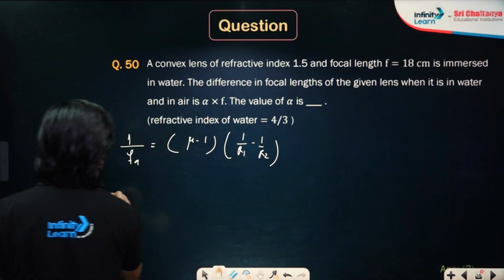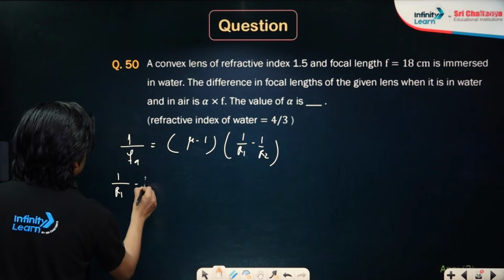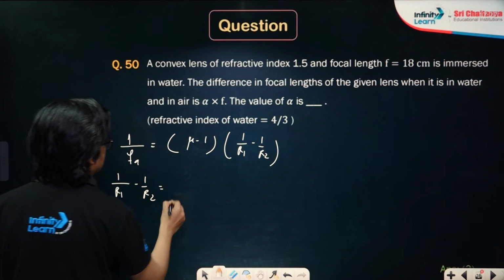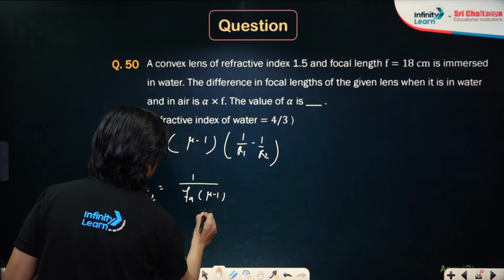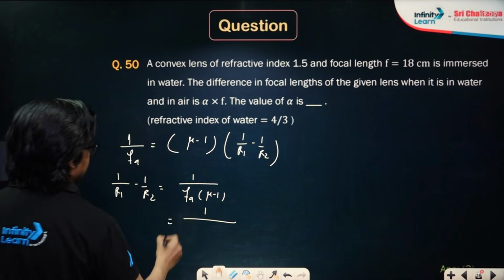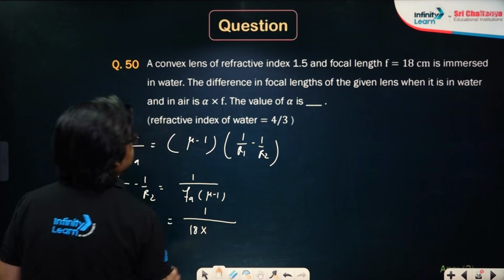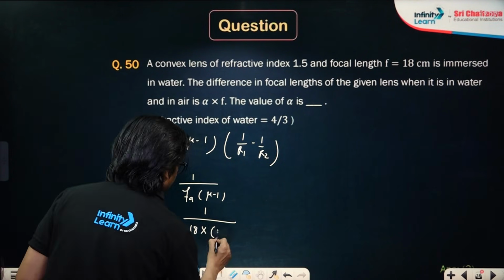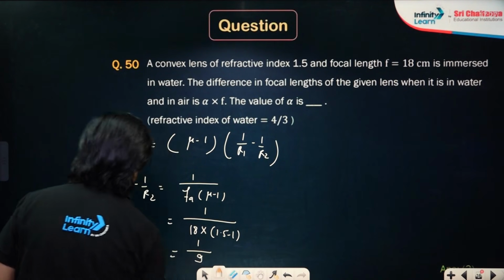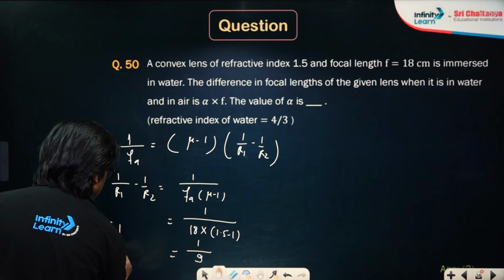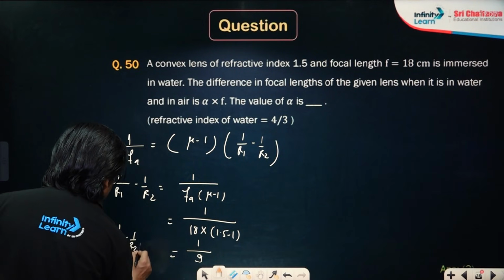So from this I can write 1 by R1 minus 1 by R2 is equal to 1 by Fa by mu minus 1. Focal length is 18 in air, mu is 1.5, 1.5 minus 1 is 0.5. So 1 divided by 9. That is 1 by R1 minus 1 by R2.